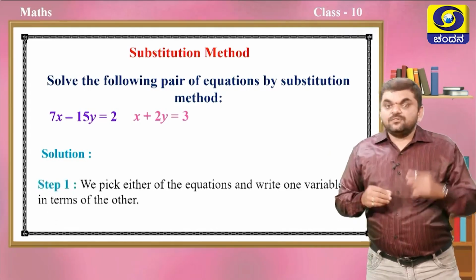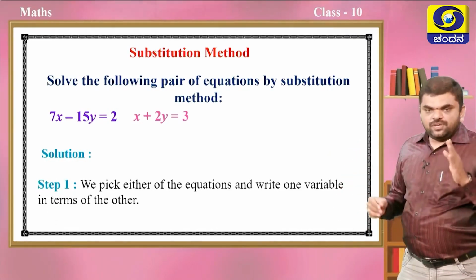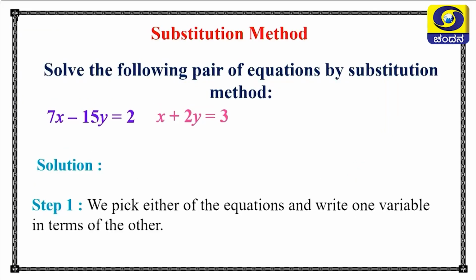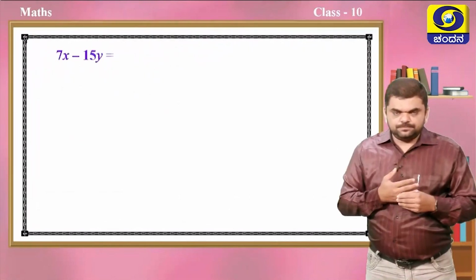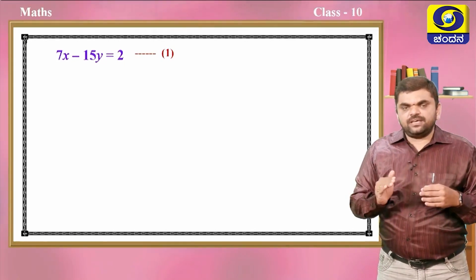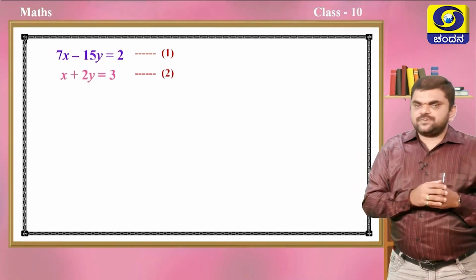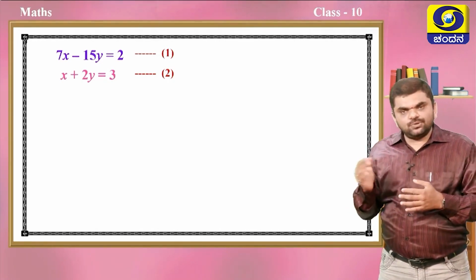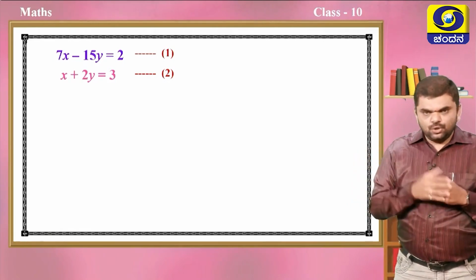Solution. First what we have to do, we pick either of the equations and write one variable in terms of another variable, which means we have to write one variable, that is x in the form of y or y in the form of x. Let's check. We have 7x minus 15y is equal to 2, that is equation number 1. x plus 2y is equal to 3, that is equation number 2.